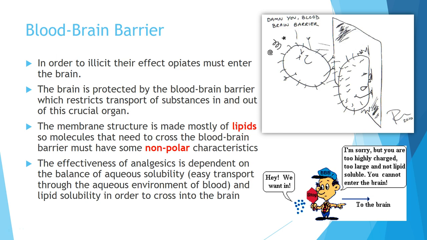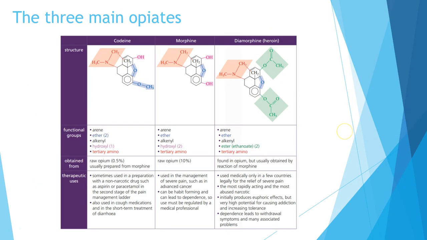If they're too charged, and we've talked about delivering aspirin and things like that as lysine salts or sodium salts, if they're salts or they're too charged, they're not going to cross across the blood-brain barrier. So in this case, we want to use hydroxyls and groups that won't become charged but provide some water solubility in combination with other groups that perhaps have less water solubility.